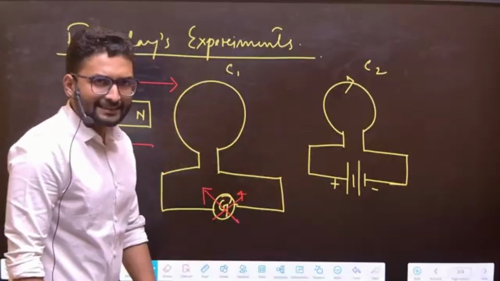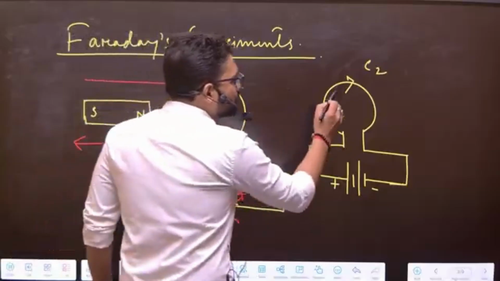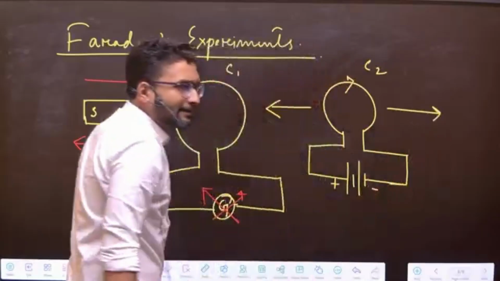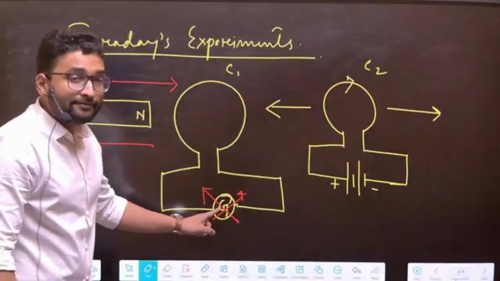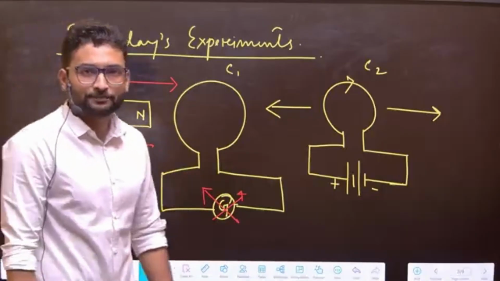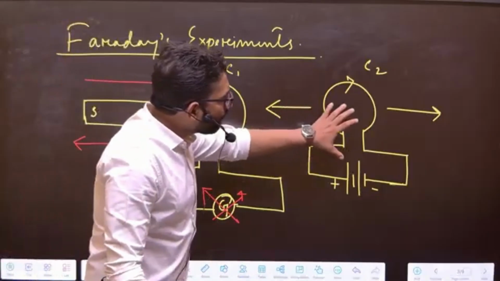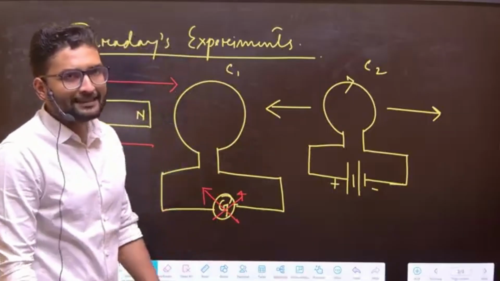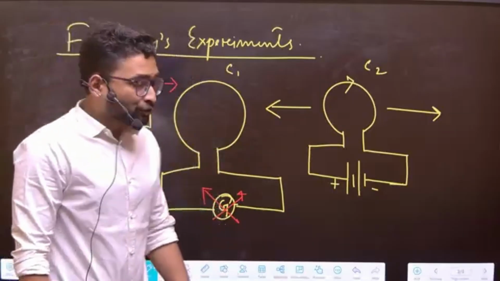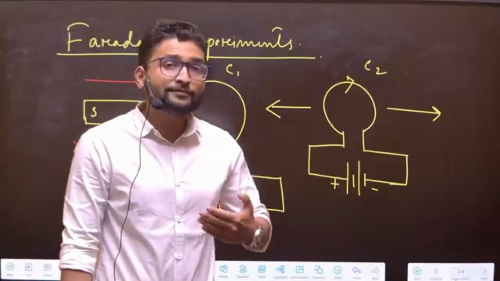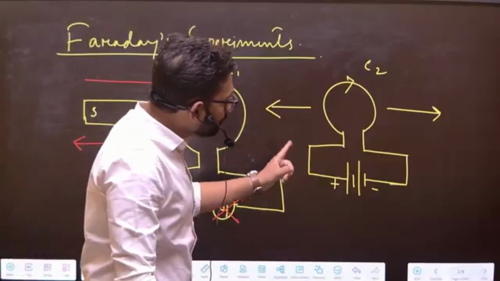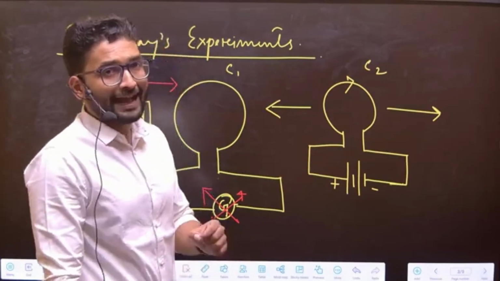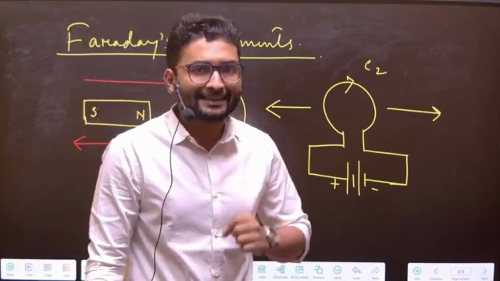Even in this case, if you move C2 towards or away from C1, then also the galvanometer shows deflection. If you keep the coil fixed at this position, there is no deflection by the galvanometer. So here the movement of the magnet or the movement of this coil is important for having induced current.